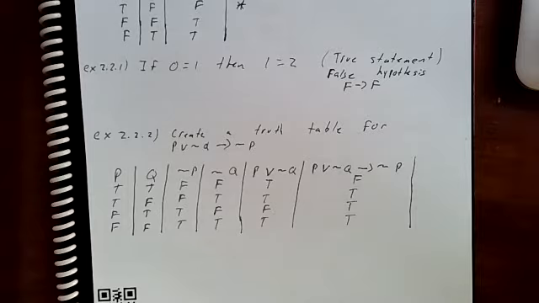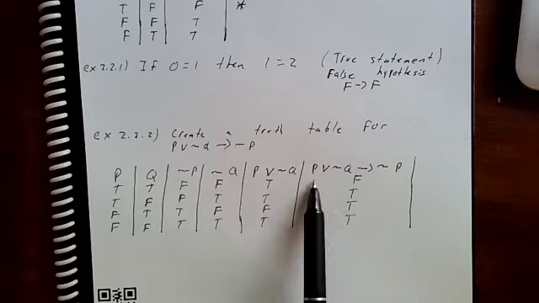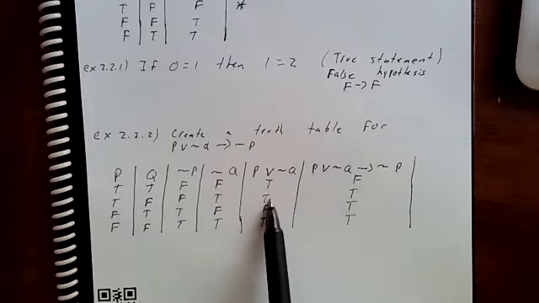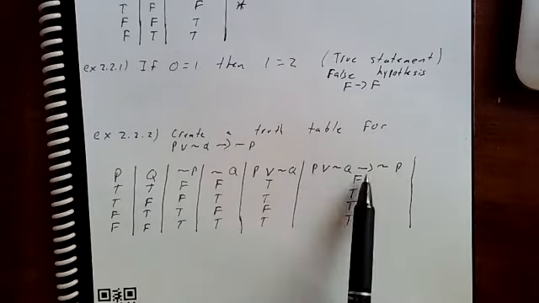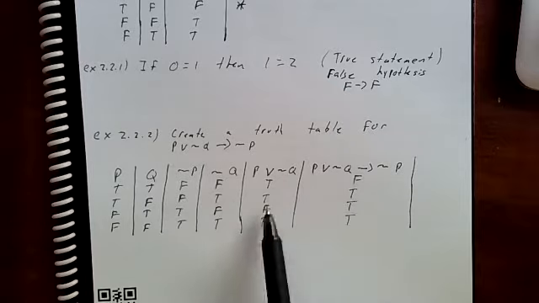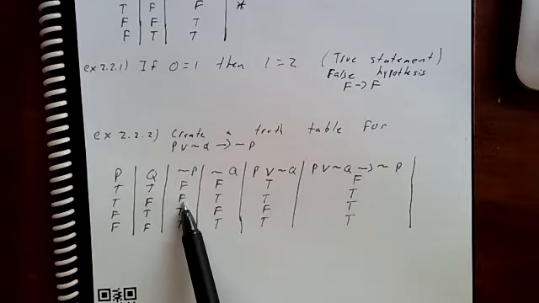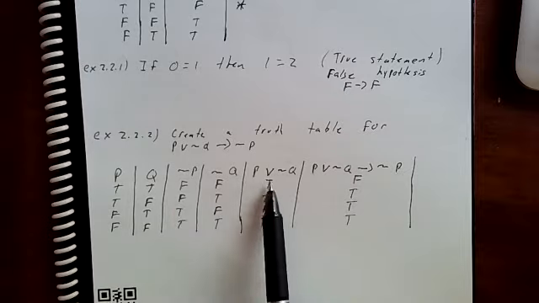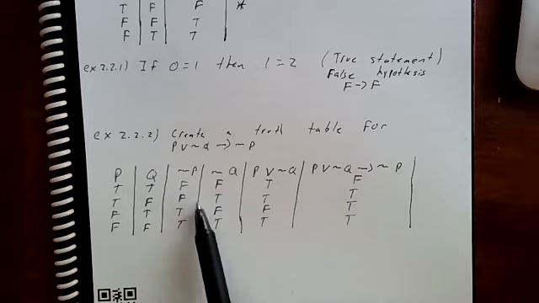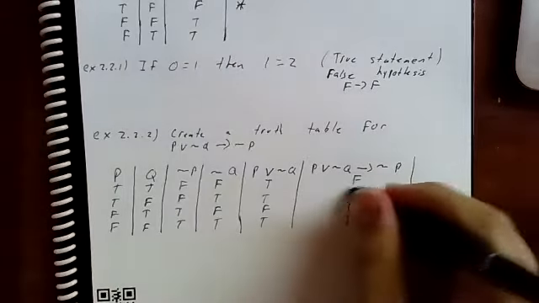Wouldn't the second one also be false? Let's see. P or not Q is true. If true, then not P. If true, then, oh yeah, you're right. Those turned out to be both.